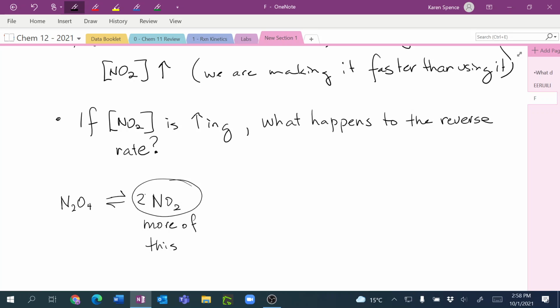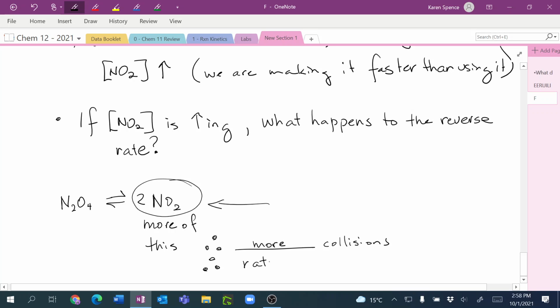What can you say about the rate of this reaction in that direction? What can you say about the number of collisions? If I have more NO2, more collisions. Therefore, what happens to the rate? It increases.